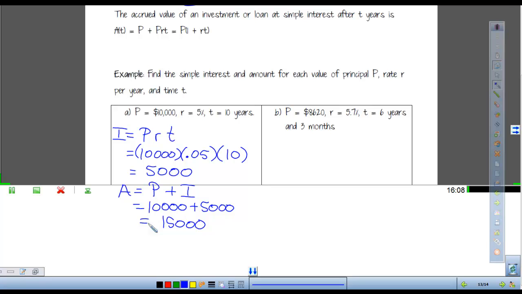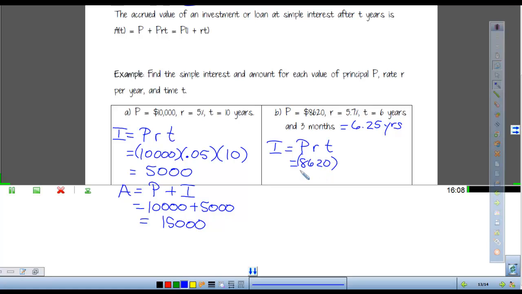All right, in B, basically the same situation, except this time we've got 6 years and 3 months. So how are we going to write time when we have months here? 3 months is how much of a year? A quarter. Okay, so we can say this is 6.25 years. And so our interest is principal times rate times time. So 8,620.